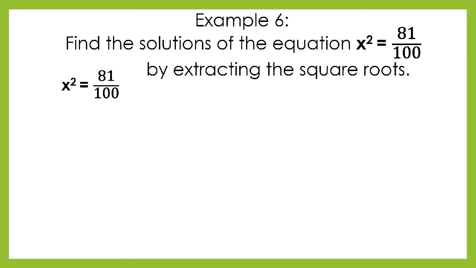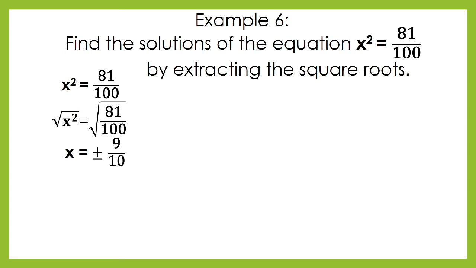We will extract now the roots of both sides of the equation. We now have square root of x squared equals square root of 81 over 100. Simplify. Square root of x squared is x. We canceled square root and square.